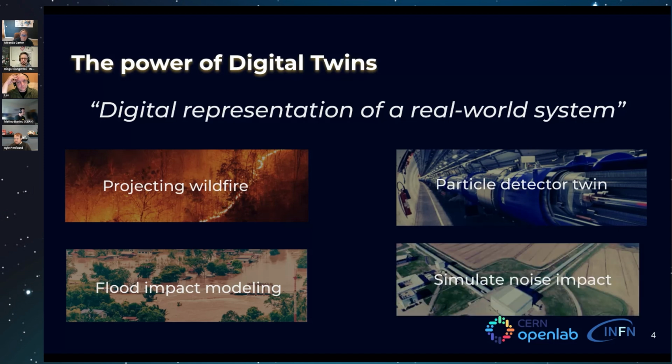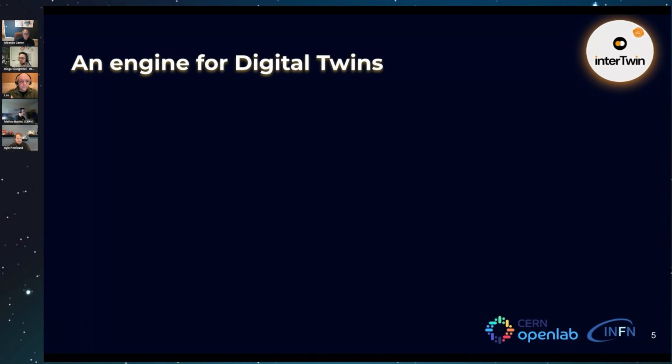I say maybe because it's an open field. And same for different kinds of activity where you are very sensitive to noise, and you want to simulate the effect of noise on your pictures or on your measurements. So a lot of heterogeneity already in the use cases that share a common set of needs.